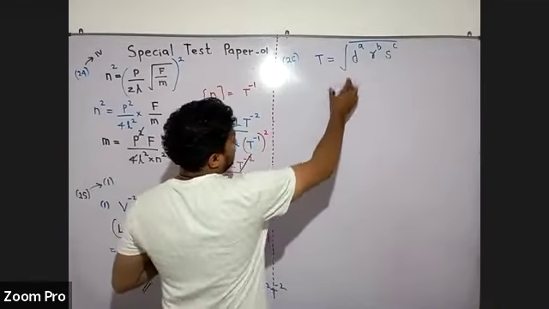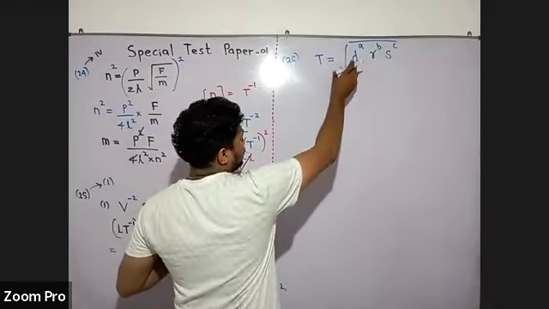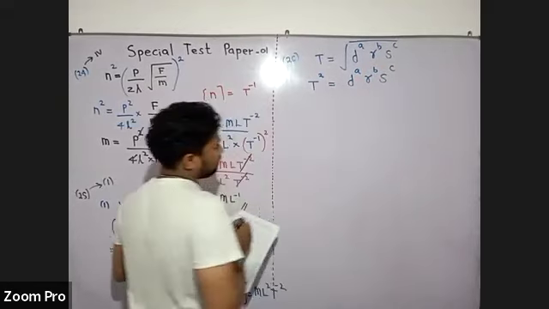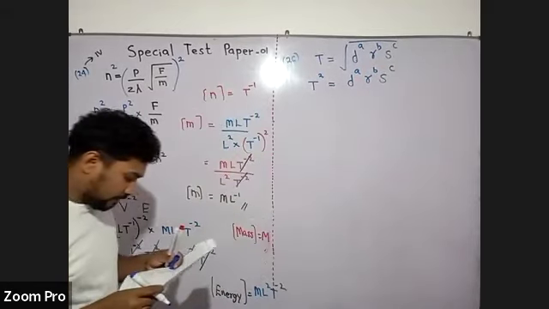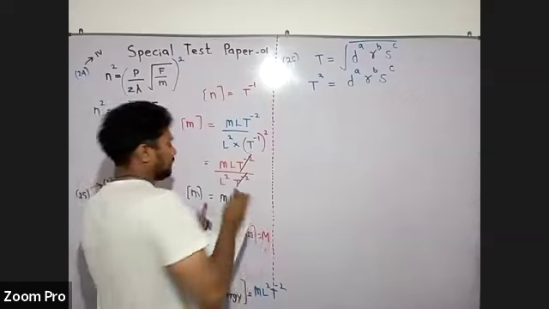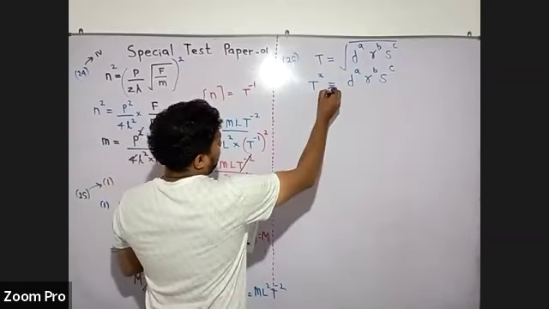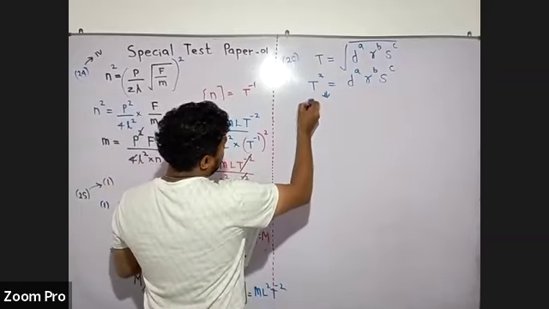So first of all, guys, let's remove this root sign. That is, we consider the square of both sides. Then it can be written as T squared equals d^A r^B S^C. They have given the values for A and C. So let's substitute the dimensions.